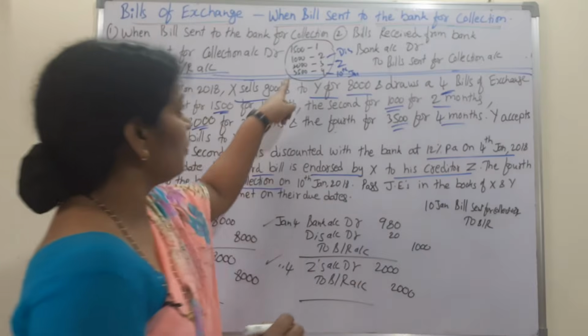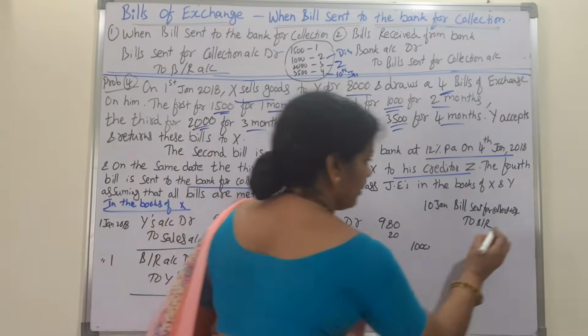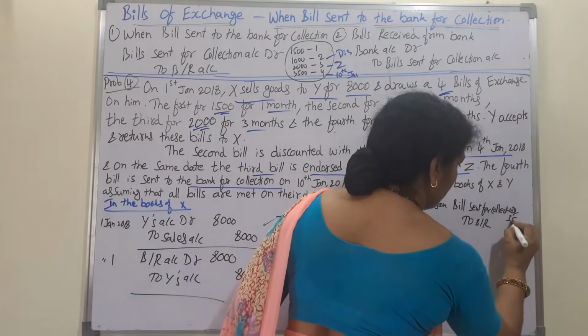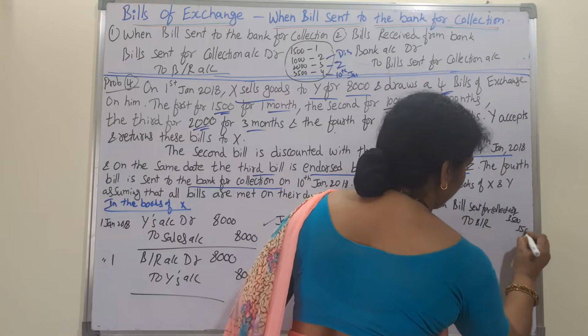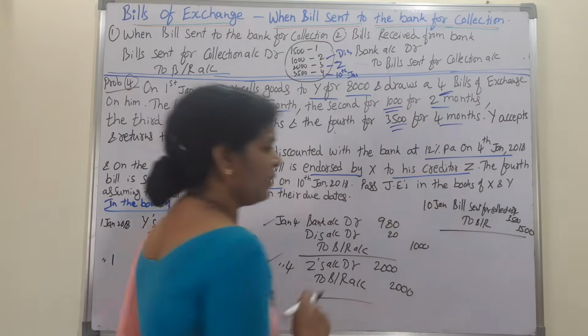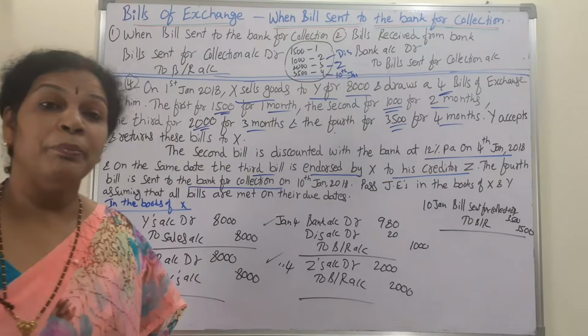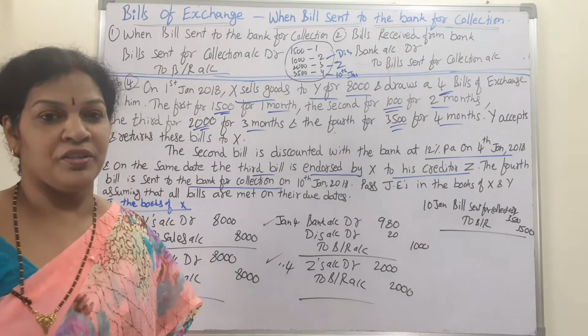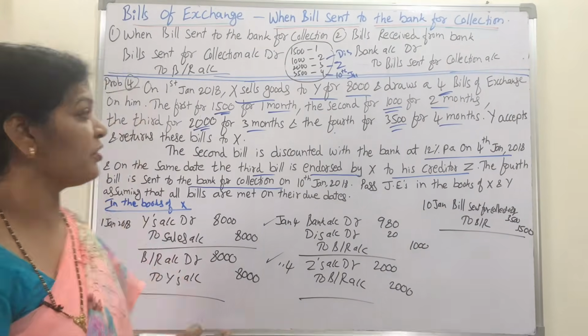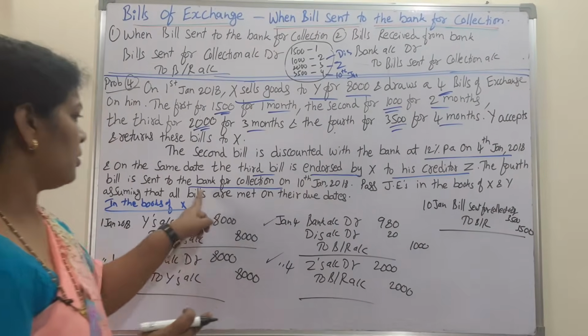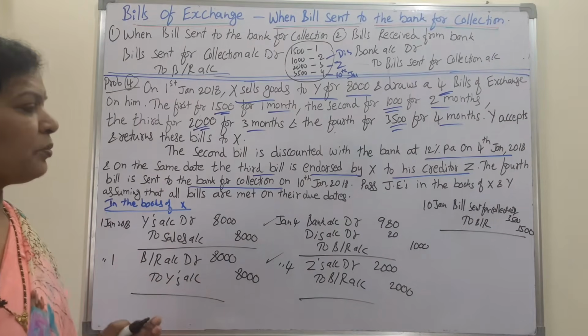Which bill? Fourth bill, 3500. The narration: being the bill sent for collection.